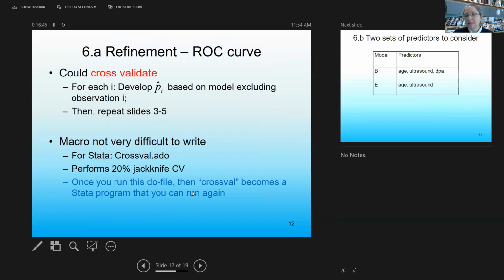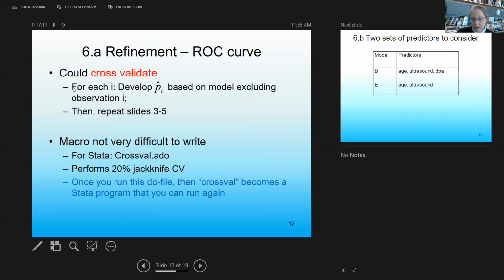But there's one more concept which is called internal cross-validation, which you can see in the bullets right underneath the first main one. This says for each person I, develop a decision rule based on all the other people. Then apply that rule to the person you excluded, and either they will be a true positive or negative, or a false positive or negative.